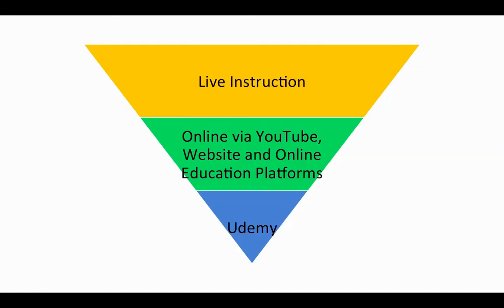But in the meantime, I'm pretty happy with the 50-50 split. That's fine. I don't have to worry about spending a lot of time doing all sorts of different things just to get the business up and running.